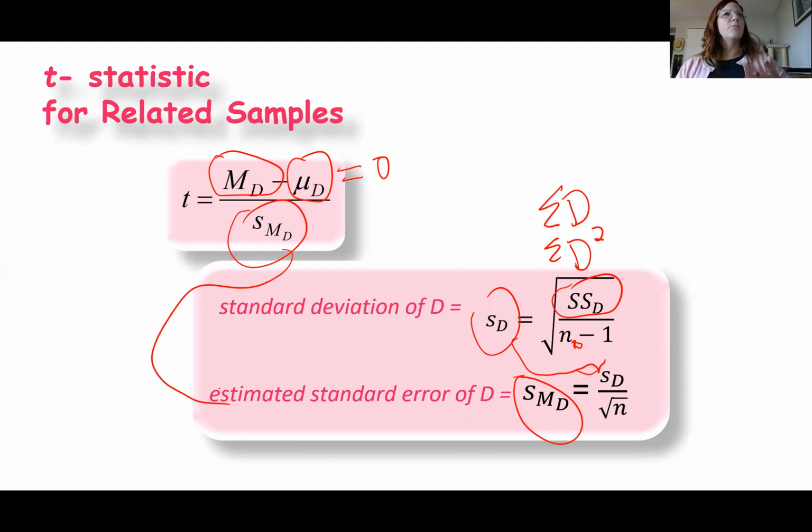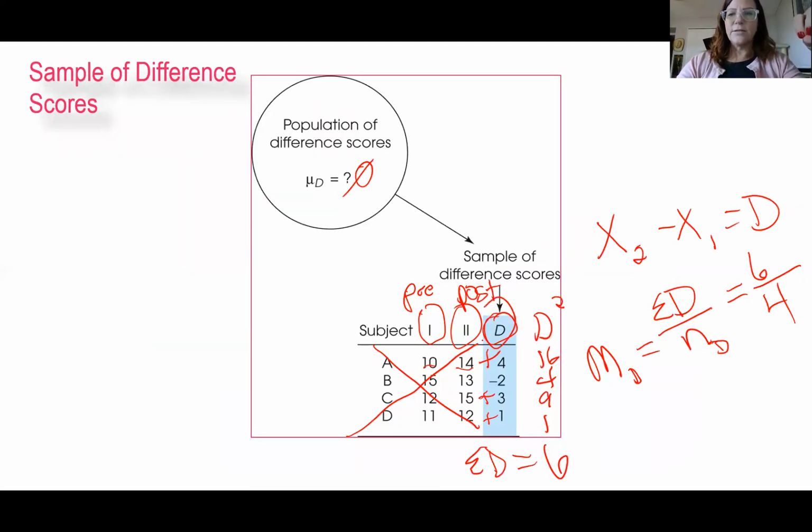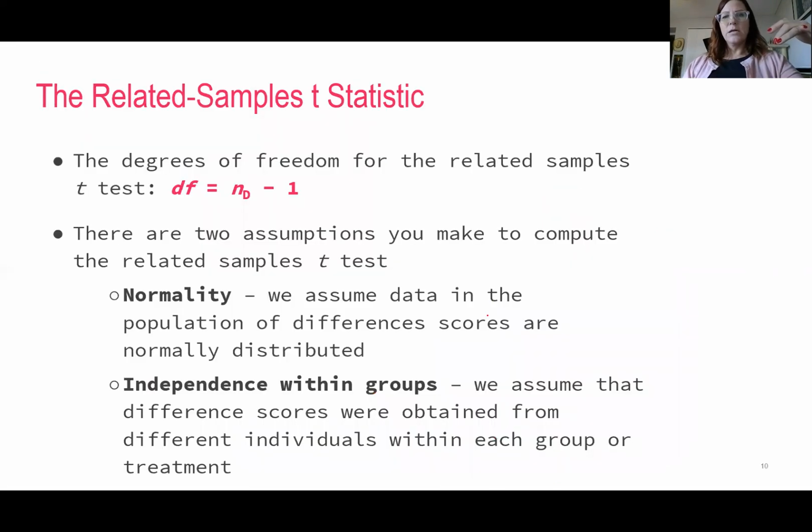It's really precisely this: once you get the differences, once you get these difference scores, you're basically going to conduct a one sample t-test. So with the related samples t-test, it's a little bit different than the independent t-test in regards to the assumptions.